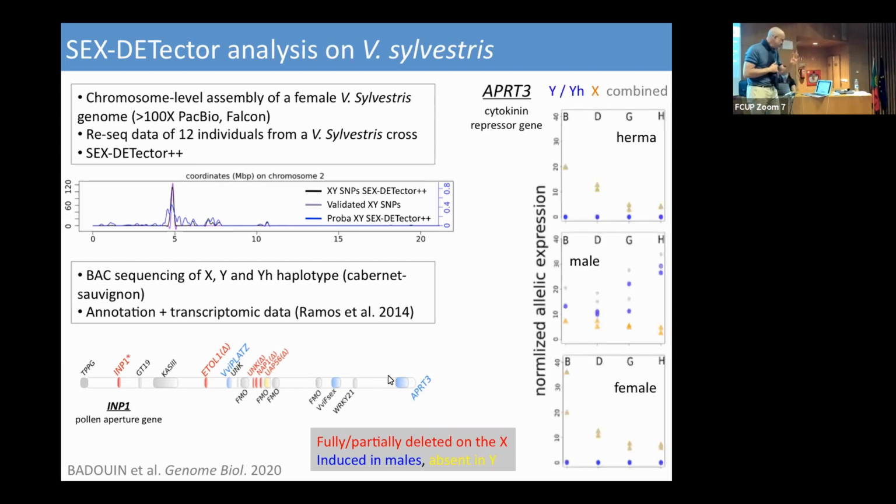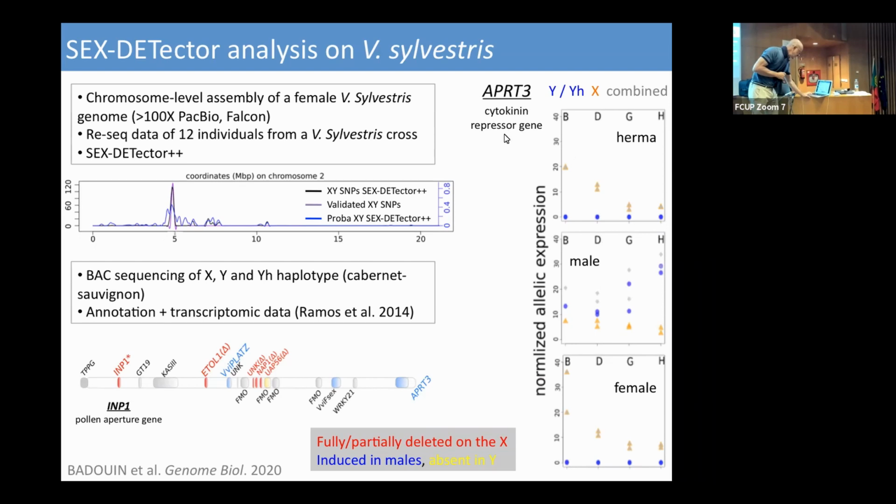They have very interesting expression patterns, especially this one, APRT3. So this is the expression in cultivated grapevine, in male and female wild grapevine during floral development. And you can see that only in males, this gene is overexpressed, highly expressed at the end of the development.